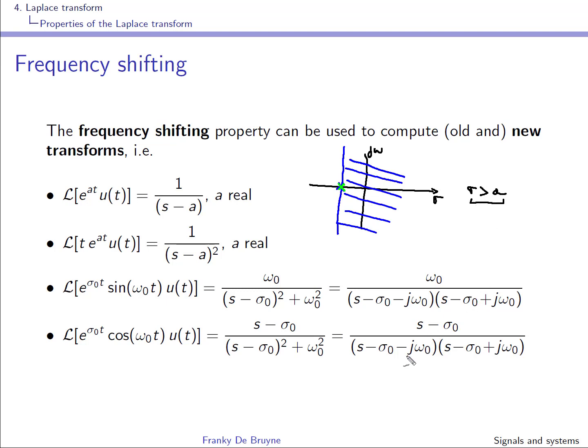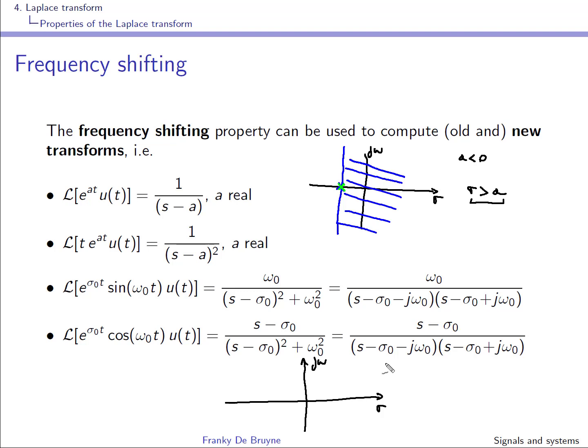Okay. So for these two examples, let's draw the complex S-plane. Here we had taken a negative, okay, so this is sigma and this is j omega.